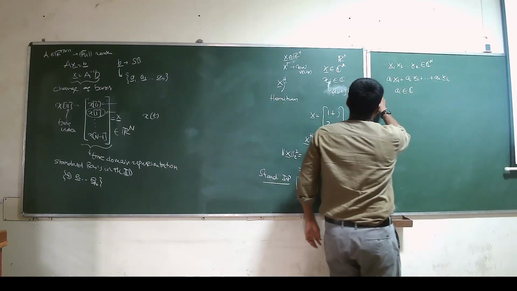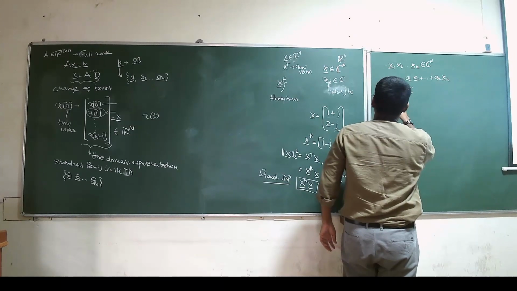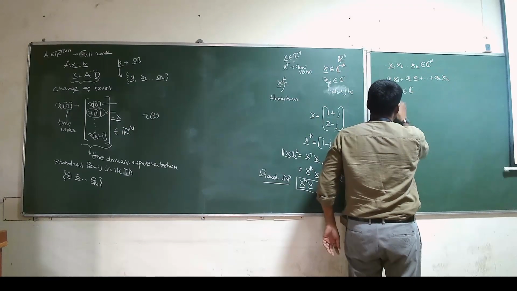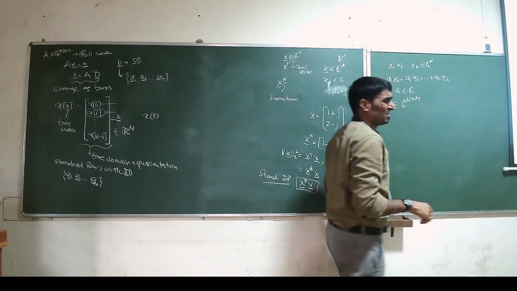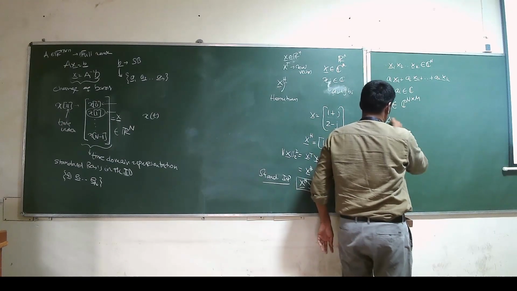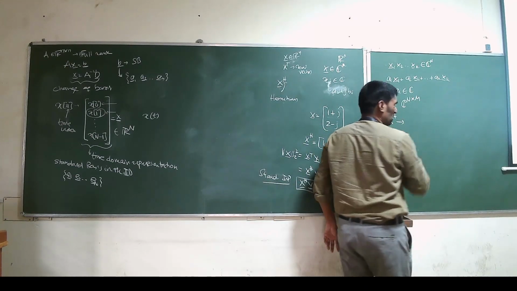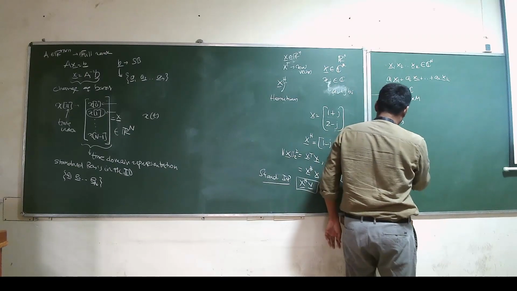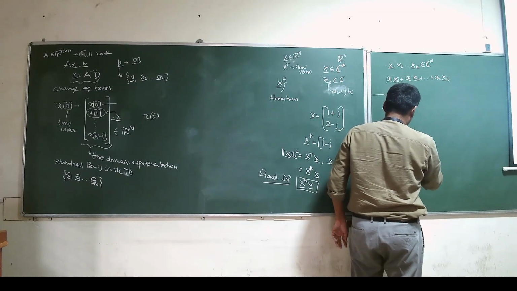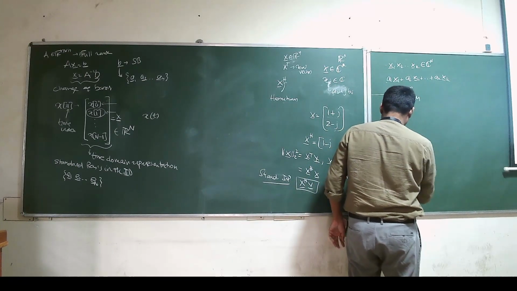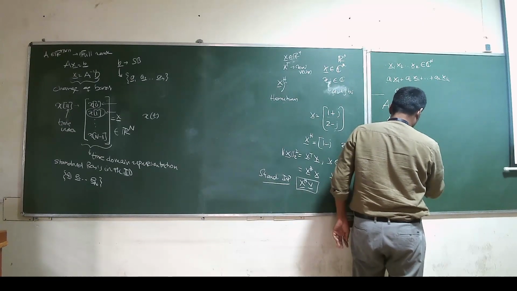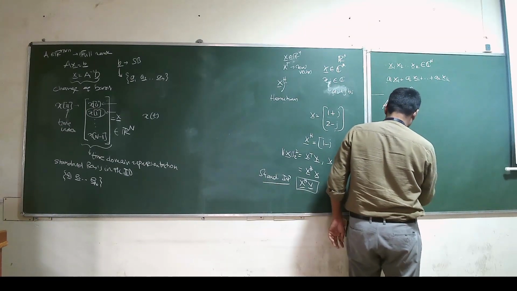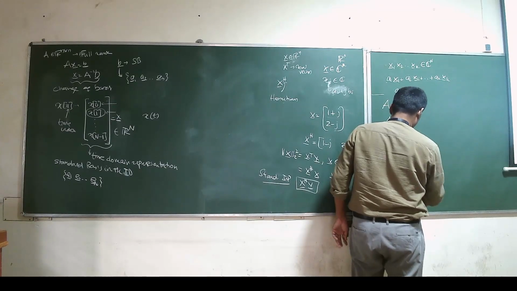And then the last one, if you have A, which is a complex matrix, for example, let's say I write 1 minus j, j, 4, 2 minus j.